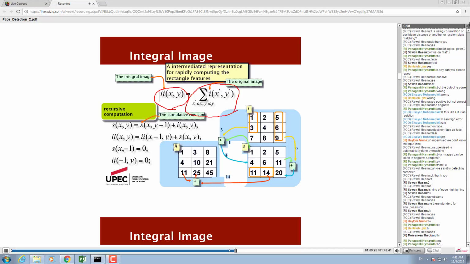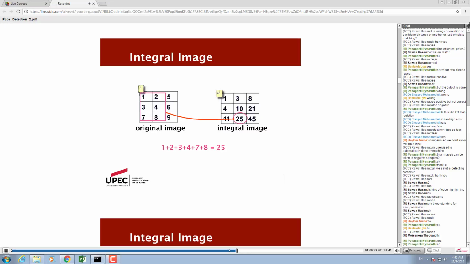So the concept of the integral image is literally that every pixel holds an integral value. Normally, when we have an image, every pixel represents the gray value at that position. The integral image means every position has the integral value, which is basically the sum of all previous pixels.